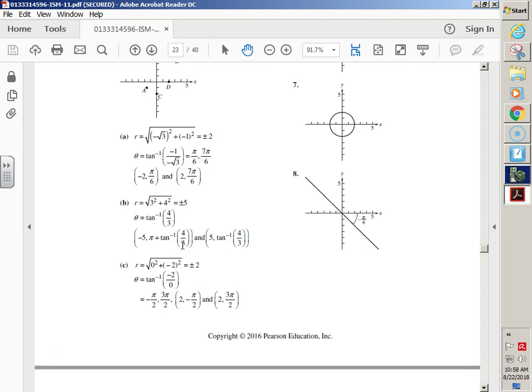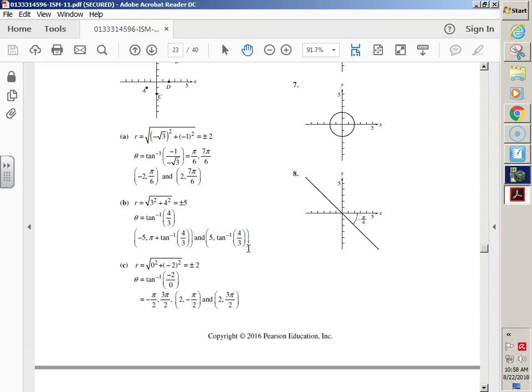Deba? For b, I just got confused on why there was a pi plus tan. Oh, the reason they were doing that is because you were supposed to have more than one polar point, I think, that you were finding. So they decided to go 180 away and go backwards.